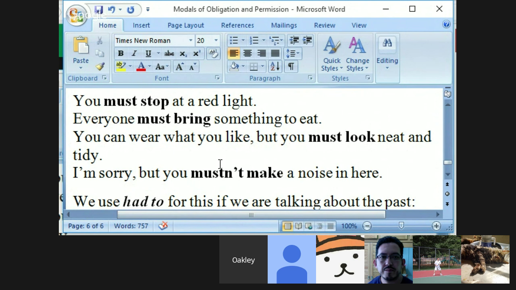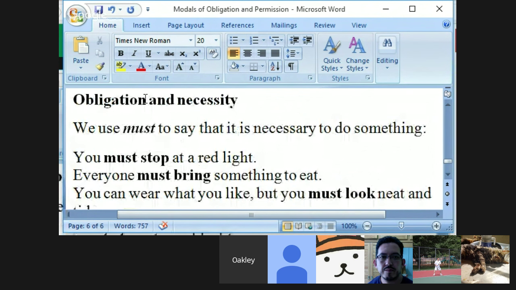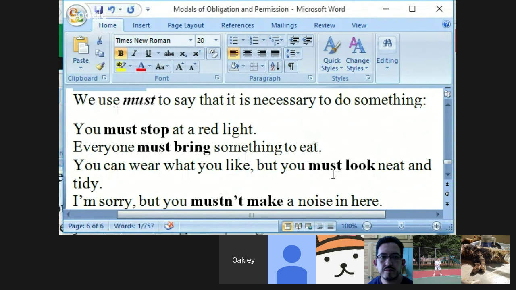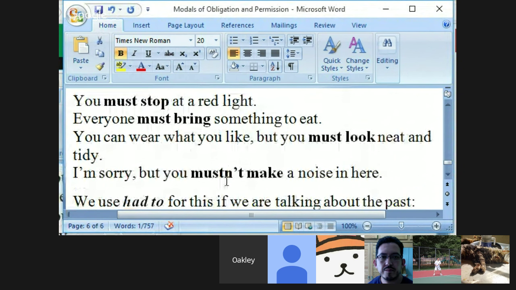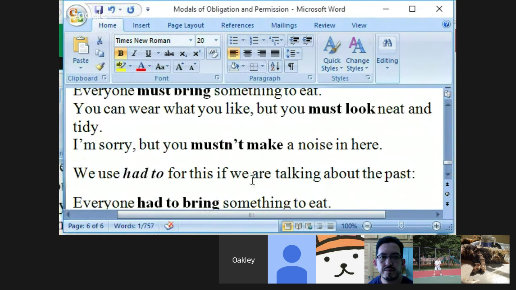Don't have to, the negative of have to in present tense, means that there is no obligation to do something. Have to, 100% obligated. Don't have to means zero obligation. Must or mustn't is 100% that you should or shouldn't do something.